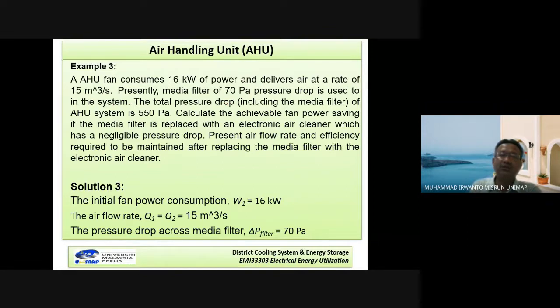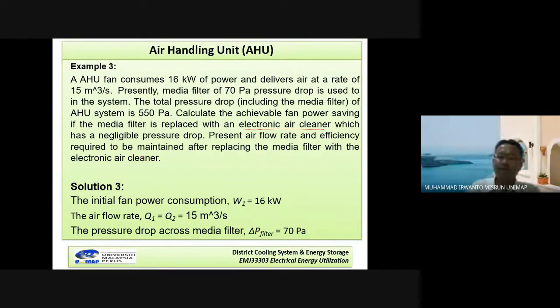The total pressure drop including the media filter of the air handling unit system is 550 Pa. Calculate the achievable fan power saving if the media filter is replaced with an electronic air cleaner, which has a negligible pressure drop. Present air flow rate and efficiency are required to be maintained after replacing the media filter with the electronic air cleaner.